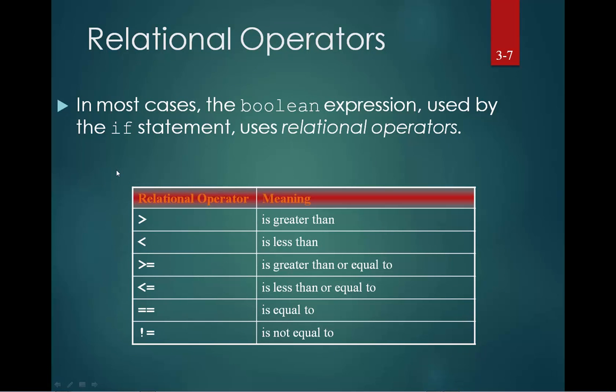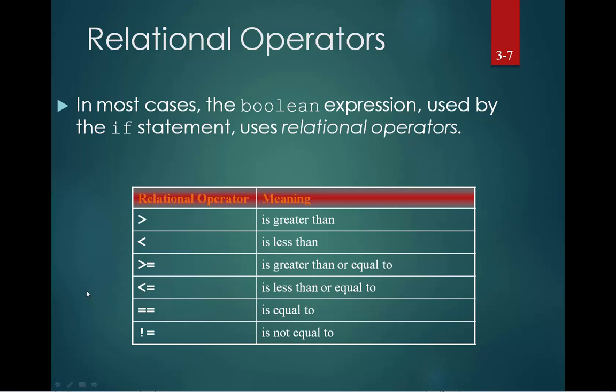But often, in fact in most cases, you won't just have a single value in those parentheses. You will actually have some kind of an operation, which is probably a comparison of some type. And in Java, we use these relational operators to compare values. Let's imagine for a moment that those values are integers.